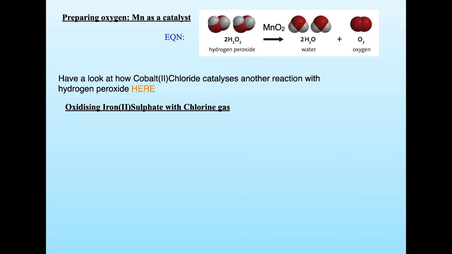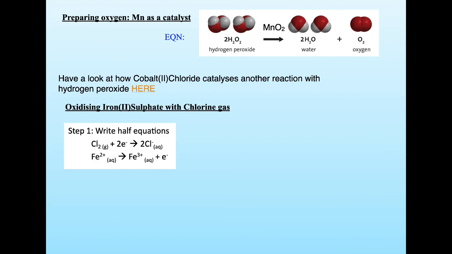Let's have a look at another specific reaction, chlorine with iron 2 sulfate. Now we saw in the last section that chlorine is a very good oxidizing agent. So iron 2 ions will be oxidized here to iron 3 ions. The chlorine is acting as an oxidizing agent. It's taking the electrons, or taking an electron from the iron to make Fe3+.